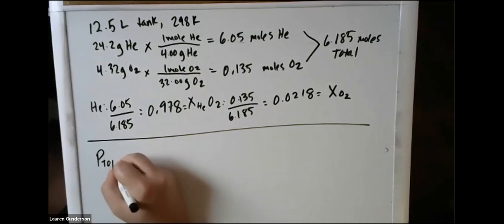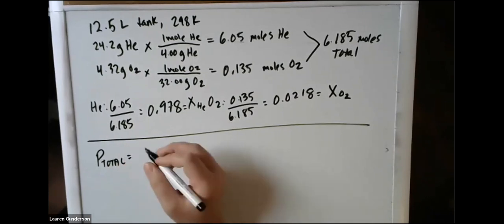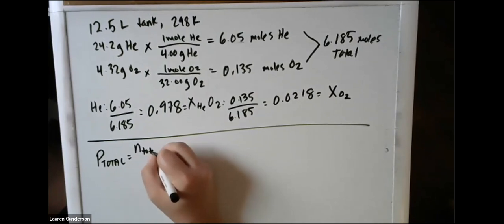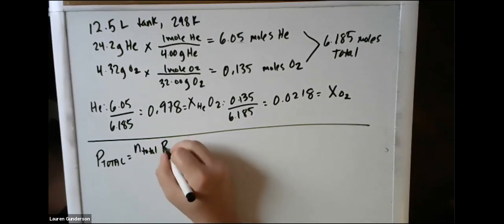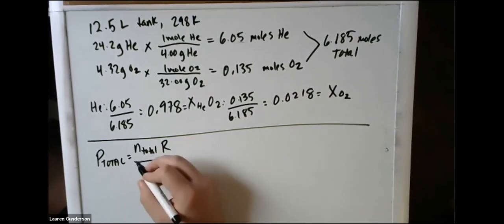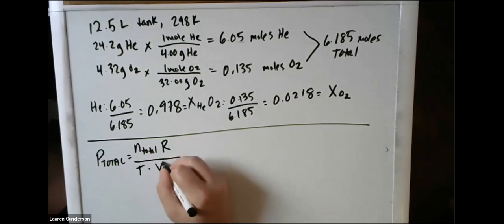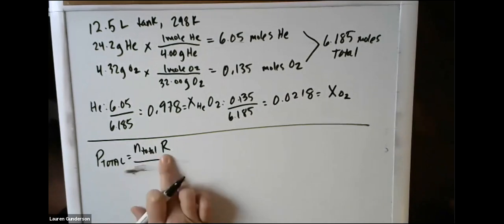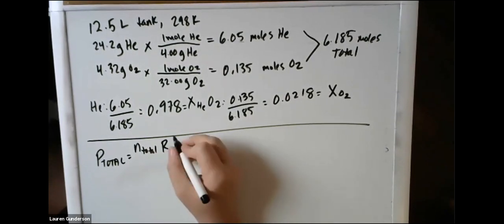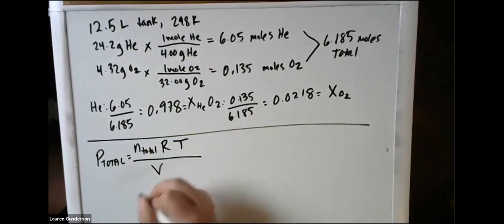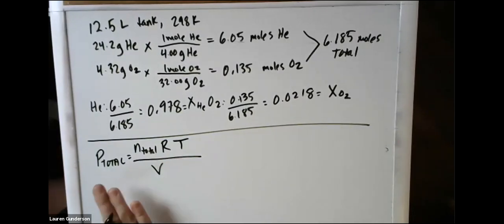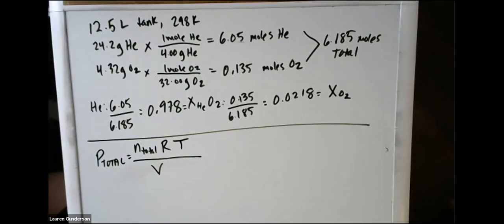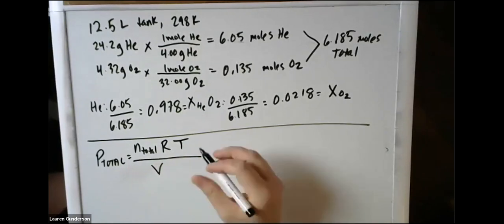So pressure total will be moles total times R times temperature over volume. So pressure total is moles total, RT over volume. And we have all of these values.